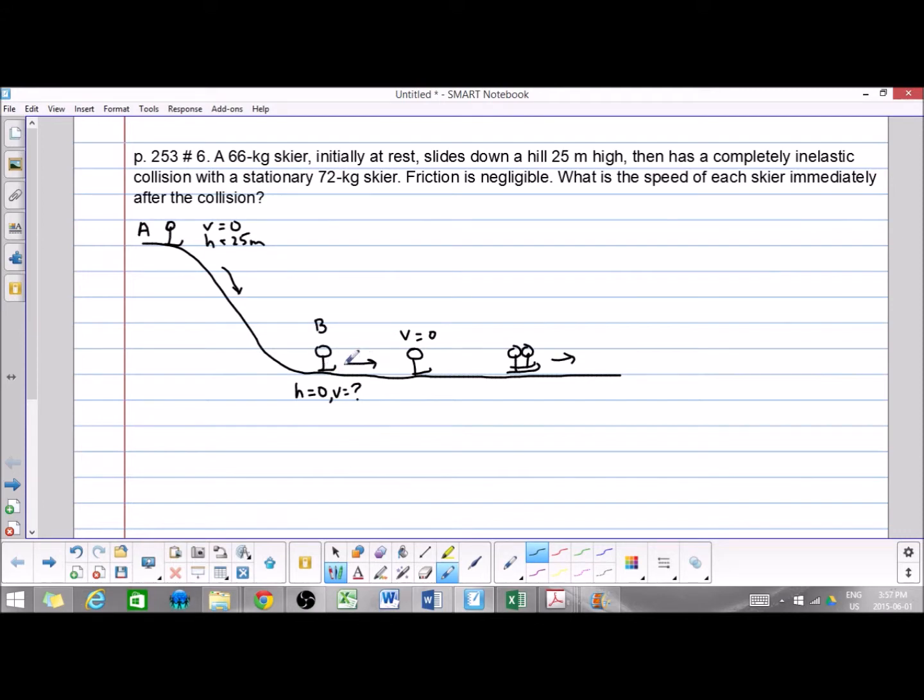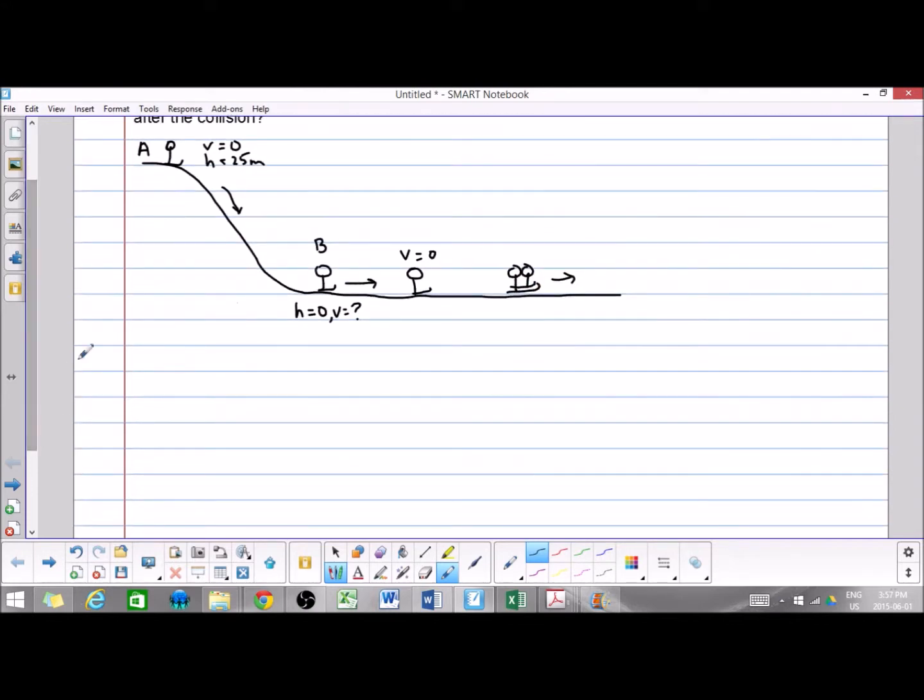Then you've got this skier colliding with another skier. Collisions are conservation of momentum problems. And so we'll solve the conservation of momentum problem after that. So from A to B, we'll conserve energy.